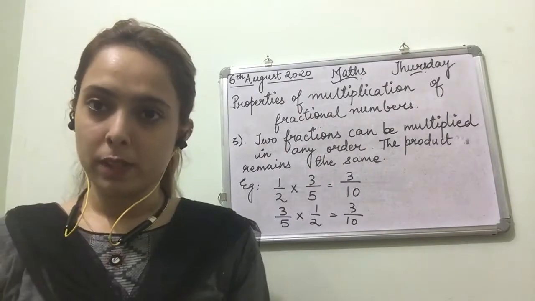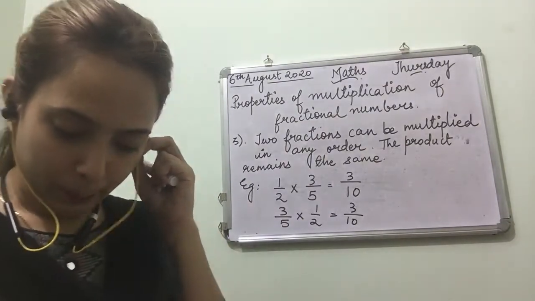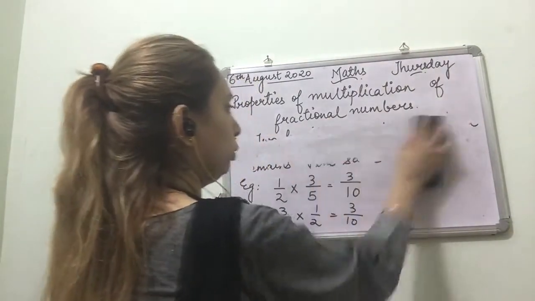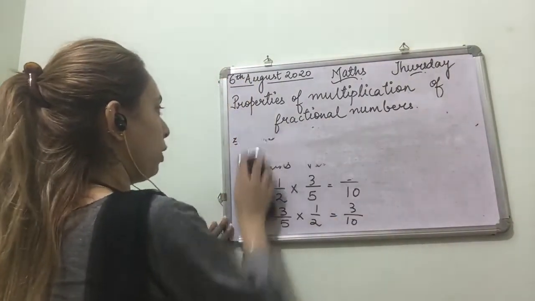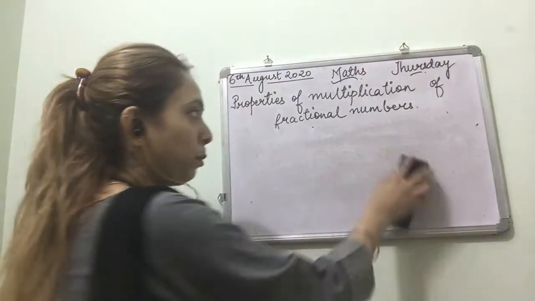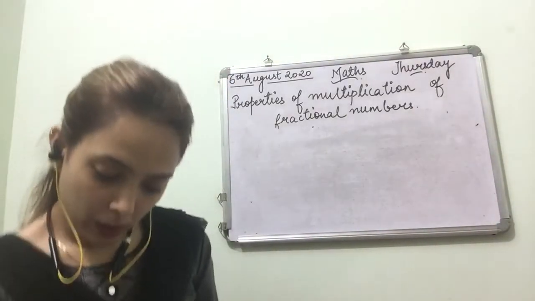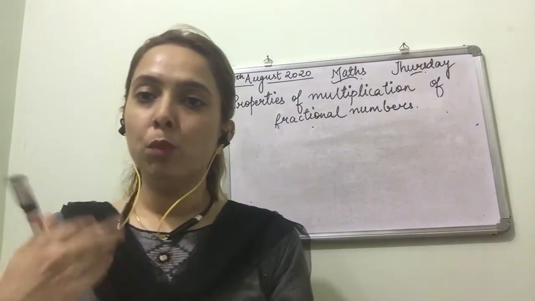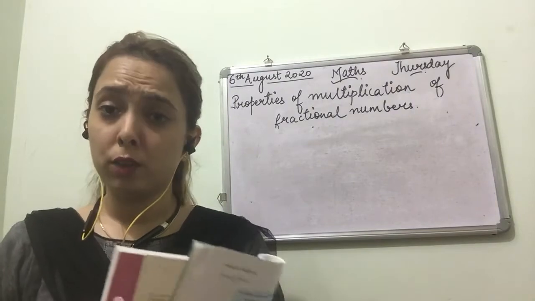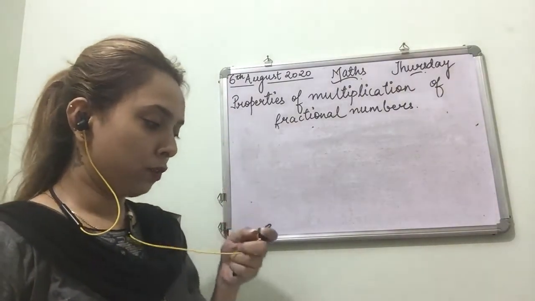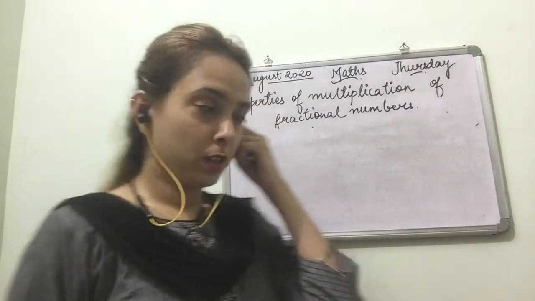The last property which I would like to discuss with you all is, suppose more than two fractions are given to you while multiplying.